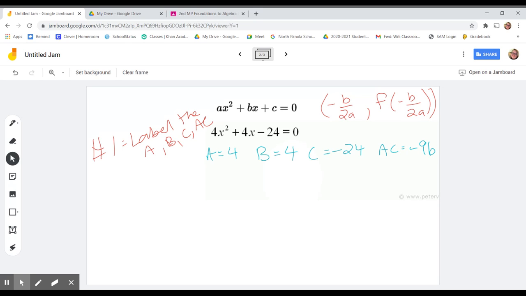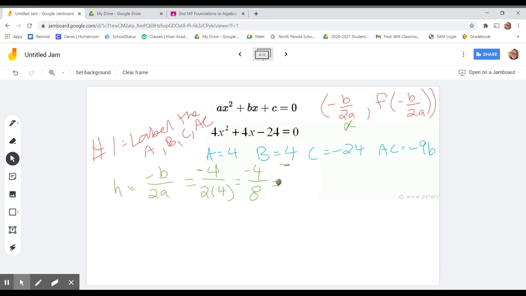So I'm going to say h, because that's the x value of my coordinate, is equal to negative b over 2a. I need to plug in my a and my b into this problem. So I have negative 4, because this is a positive and this says negative right here, over 2 times 4. So negative 4 over 2 times 4. 2 times 4 is going to give me 8, and I have negative 4 up top.